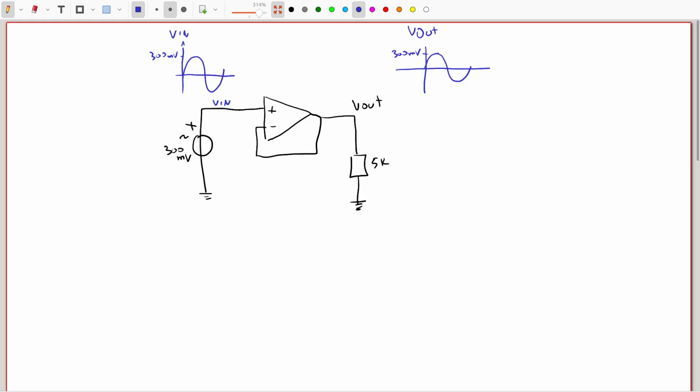Now I have to be very careful how the bias of the output stage is given, because it has to be designed so that it can drive the output, the load that I have placed here, the 5 kilo ohms. Then if we see, the output of this amplifier looks like this.